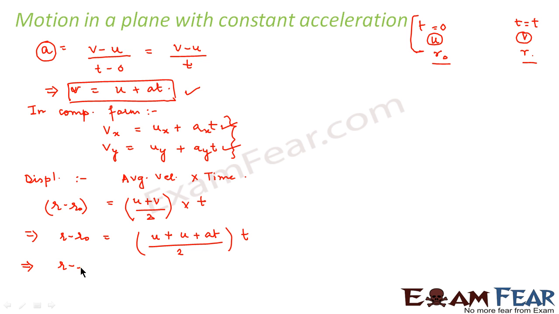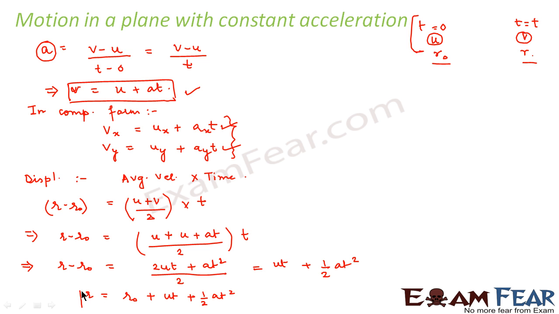So r minus r naught is equal to (2ut plus at square) divided by 2, which can be written as ut plus half at square. So we get r is equal to r naught plus ut plus half at square.